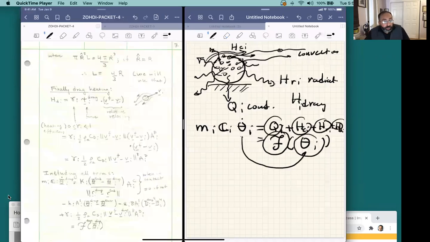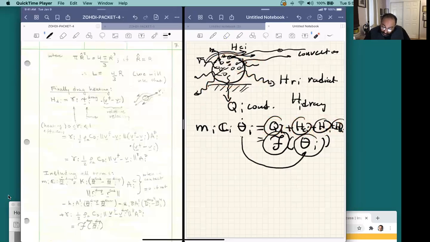Depending upon the temperature, that changes how much energy is conducted away, how much convective energy is moved away, how much heat it's going to radiate away and how much it's going to absorb from its surroundings as well. And finally, it tells us what the drag heating is going to be when the material is moving around this object.